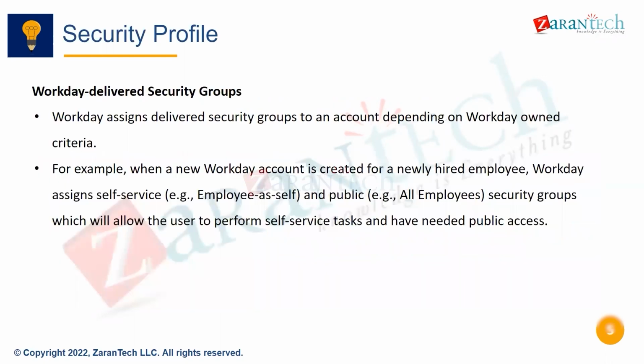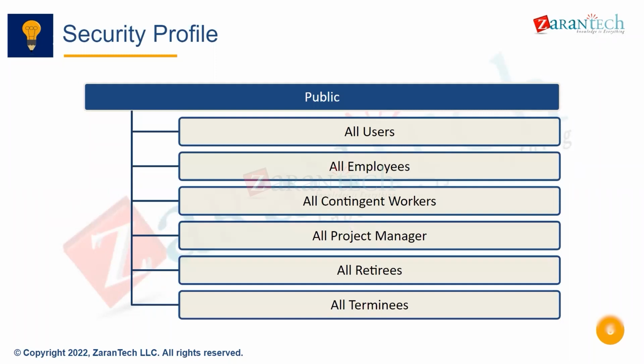Again, the Workday delivered security groups which we have discussed: when a new Workday account is created for a newly hired employee, Workday assigns the self-service, or the employee as self, or all employees security groups. This gives the user access to perform all kinds of self-service related tasks. This slide talks about the same thing, and we have the public groups, all terminees, all retirees, project manager, contingent worker.